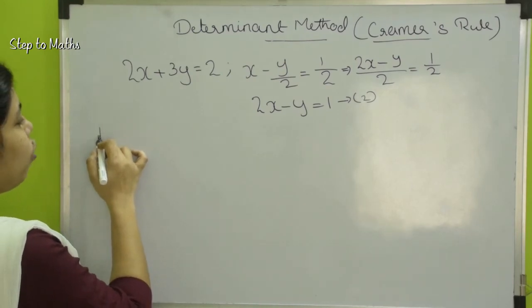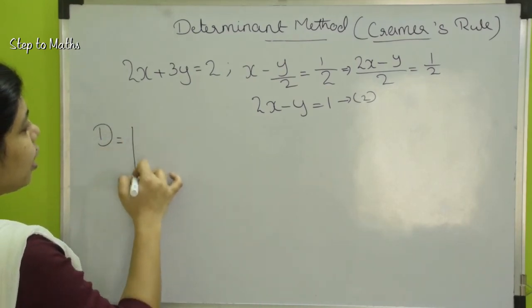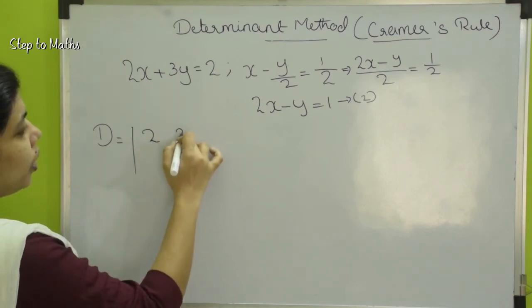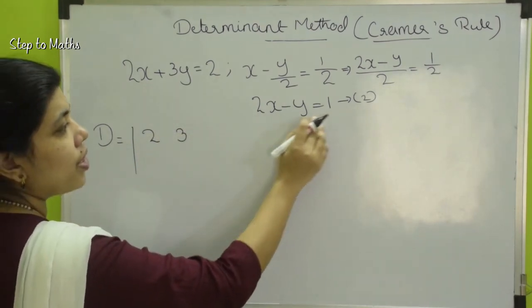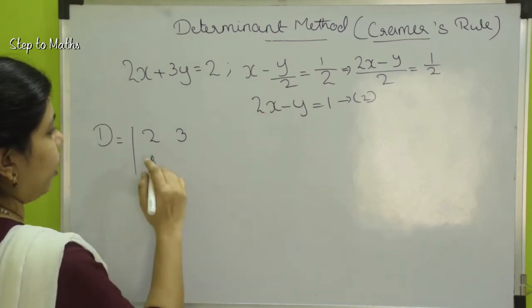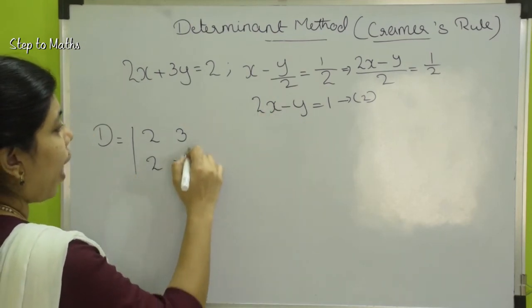Now find out the value of d. d is equal to 2, 3, and for the second equation the values of x and y coefficients are 2 and minus 1.